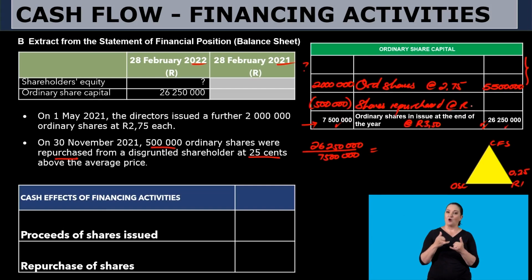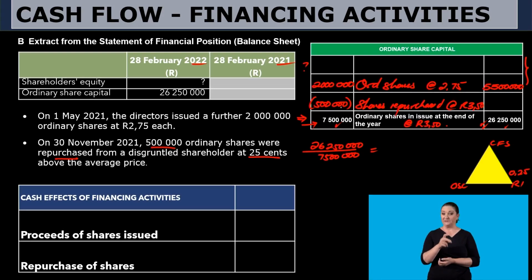That is what you use above here, as long as the repurchase of shares is the first transaction happening after the total here at the bottom. If on the first line you have the repurchase of shares, you can get the average price here and still use it at the top here, and that is your 3.50 Rand.